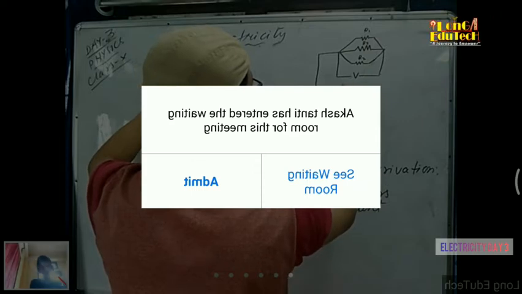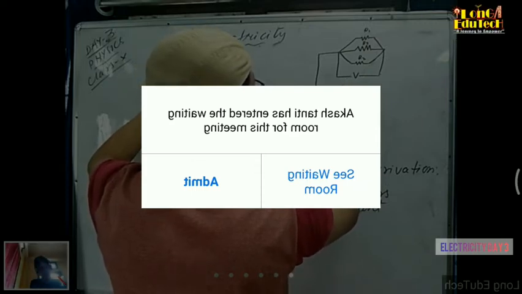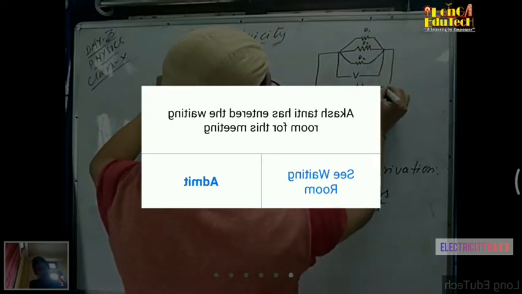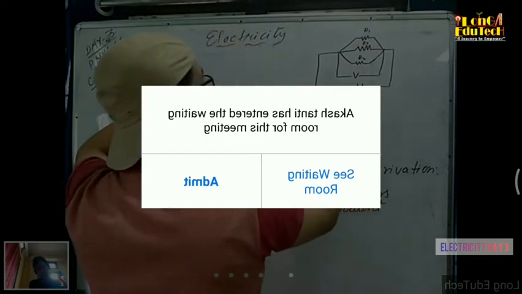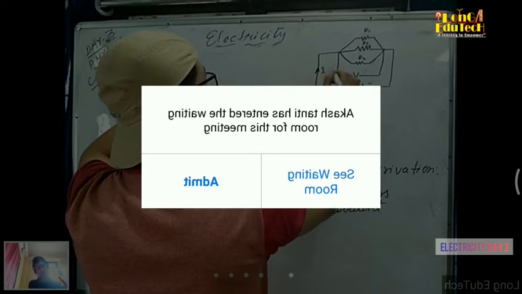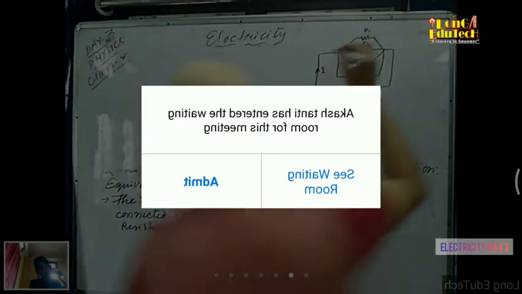Alright, and here is the key. This is positive and negative. The current I up to here is the same, but all the appliances get a different current.